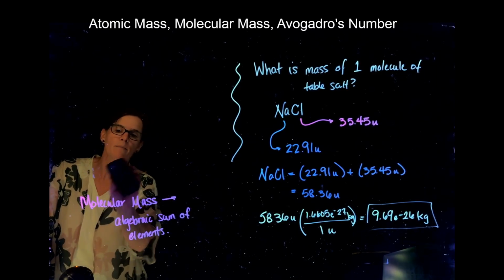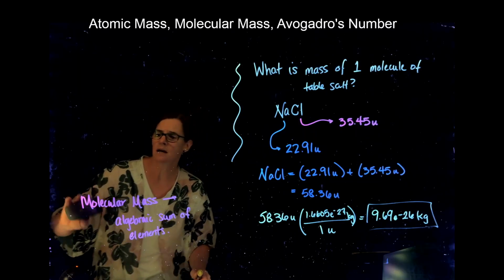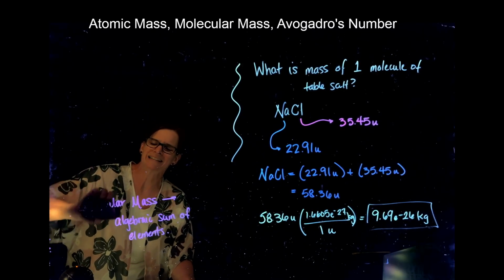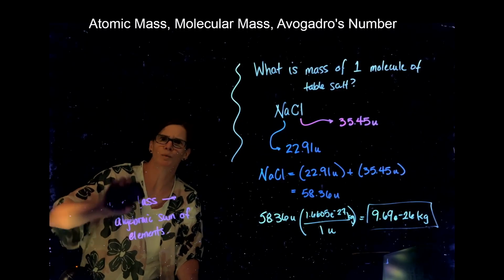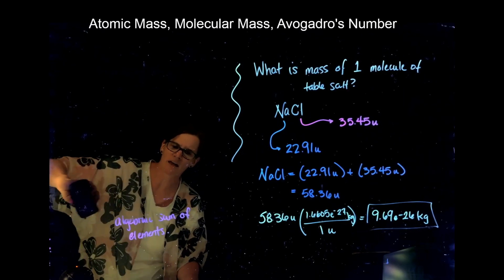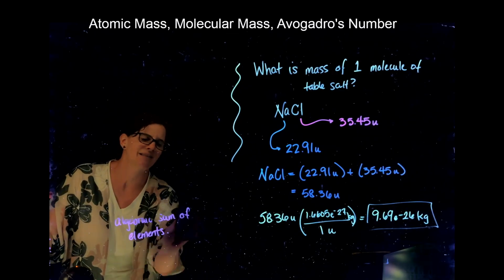Or in a small cube of copper, I have lots and lots and lots of copper atoms. So tiny, tiny masses, really, really big numbers, right? And so we're going to use another normalization for describing these numbers.